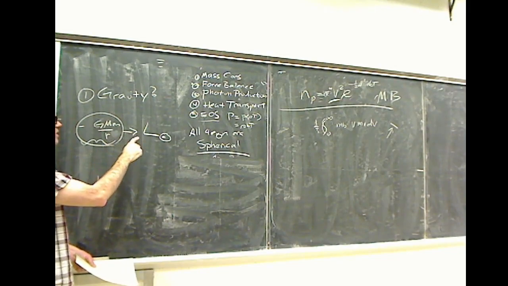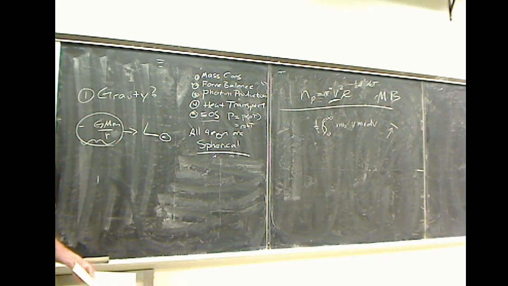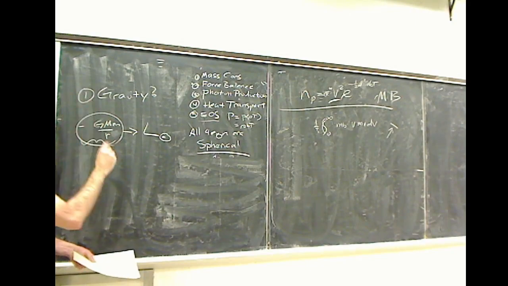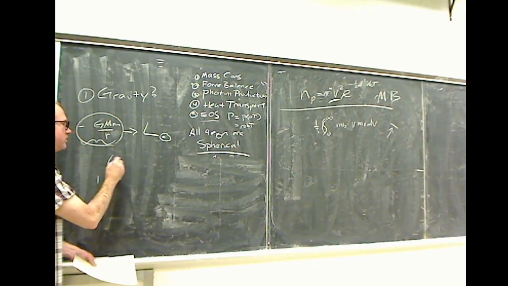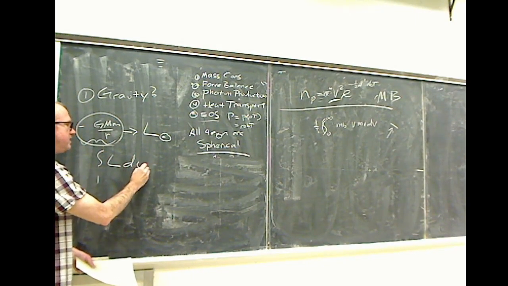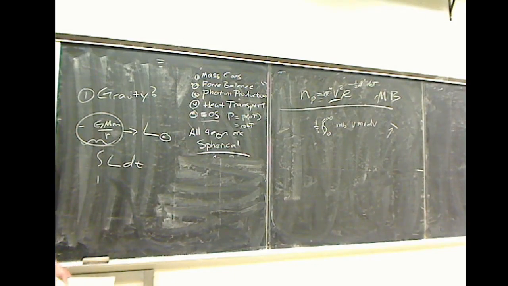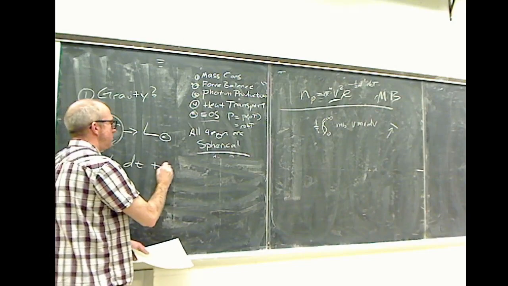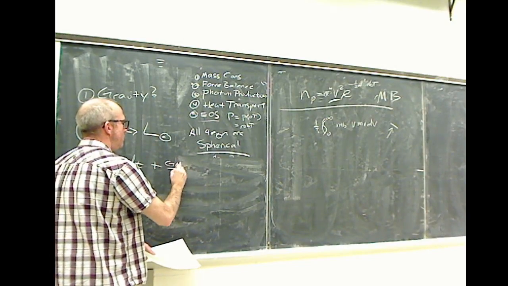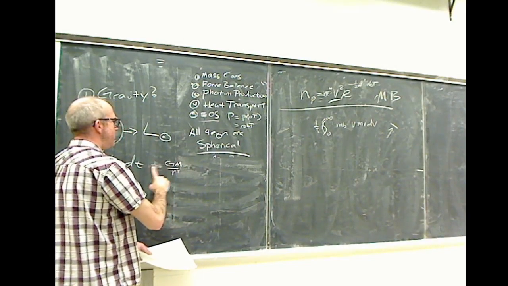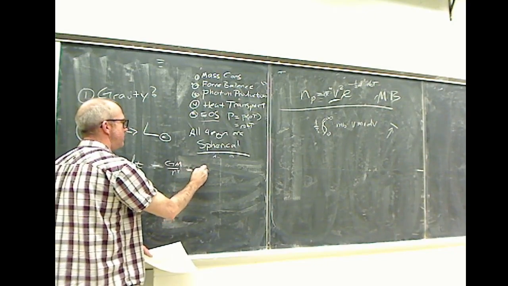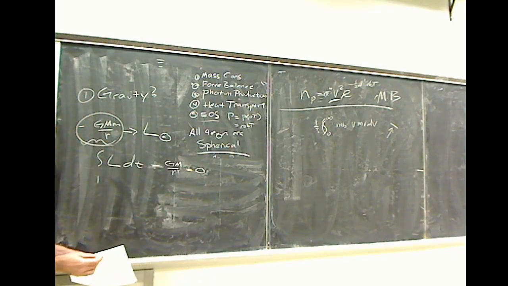So if photons are coming out, then the integral of L dt is the total amount of light that has come off of the star, plus GM over R squared. Oops, that's a minus. That's got to equal 0.